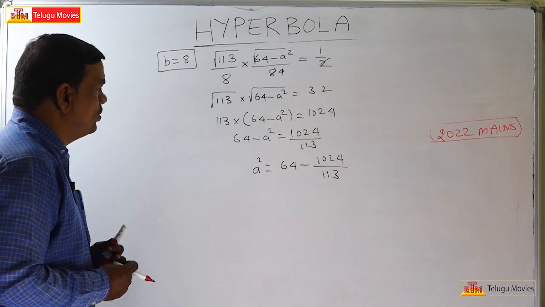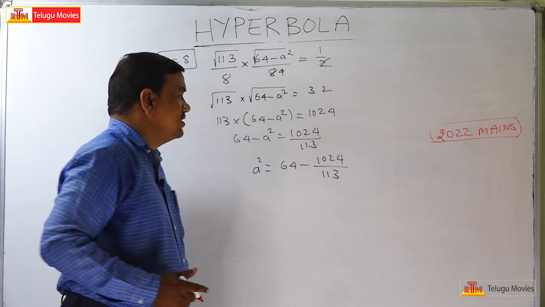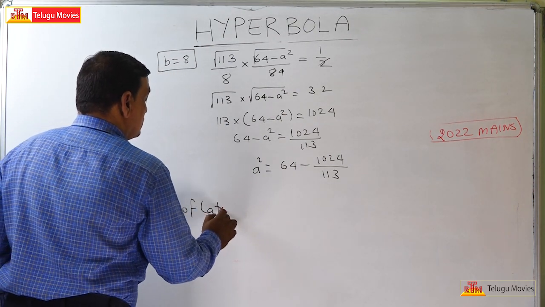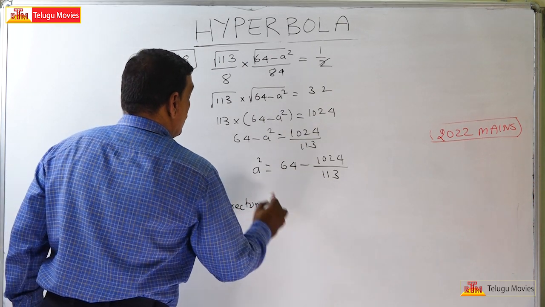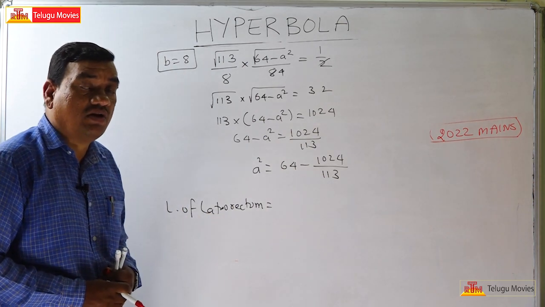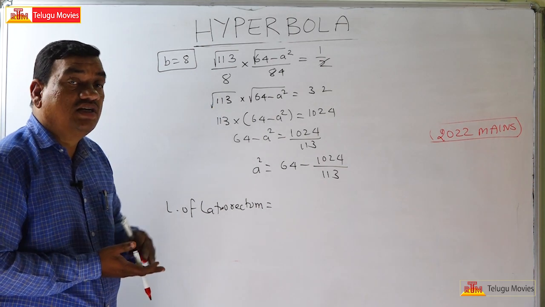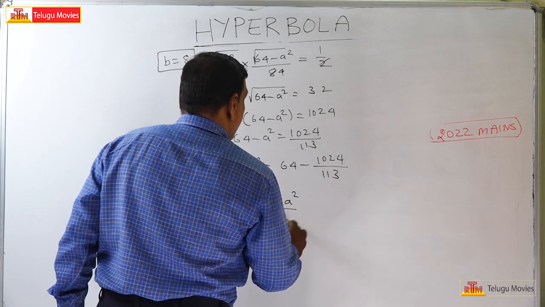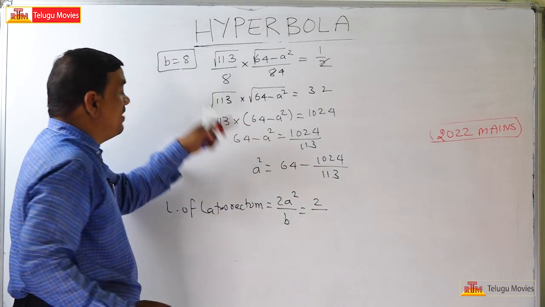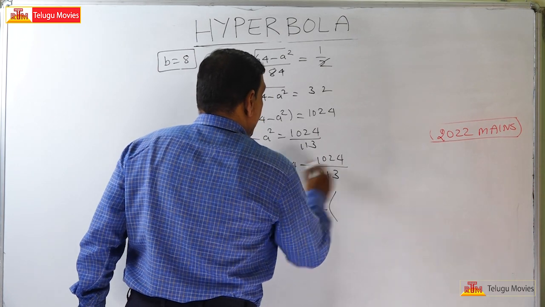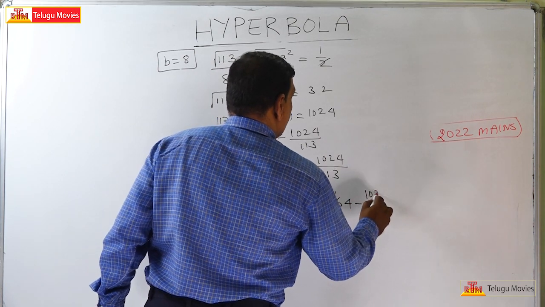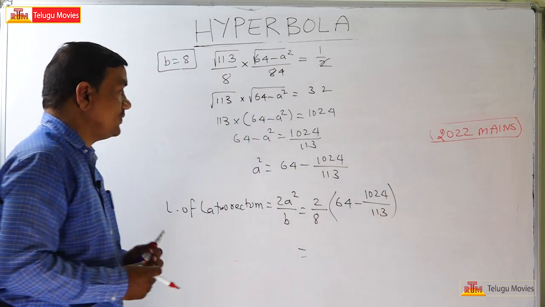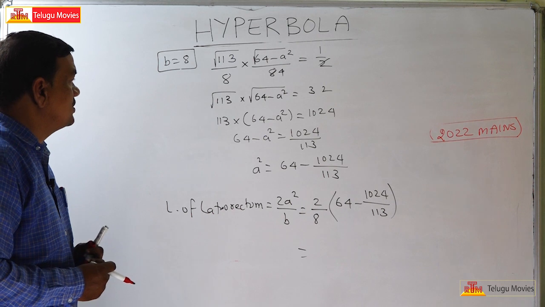So let us try to multiply this and subtract this. So on the whole, now the length of the latus rectum is given by, if you see the diagram, it is a vertical ellipse, so you get the formula 2a square by b. The b value is 8 and your a square value is 64 minus 1024 by 113. Now you calculate here. So 64 minus 1024.